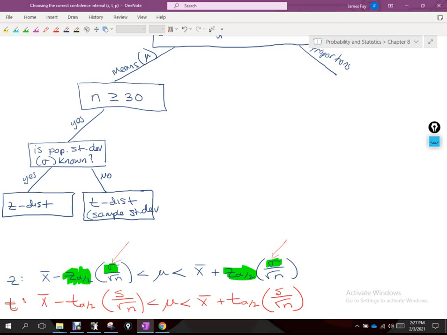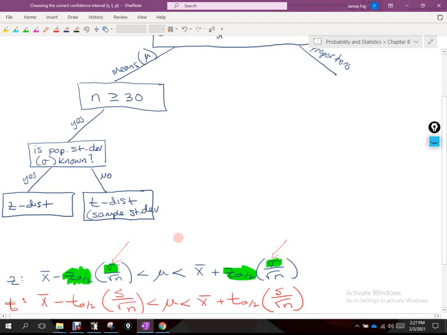So that is why, if I don't know sigma, we would come down here to the t-distribution, and we now can replace sigma with s, the sample standard deviation. And when we use the sample standard deviation, we have to use a t-value, okay, because it's a family of curves now instead of just the normal standardized curve.